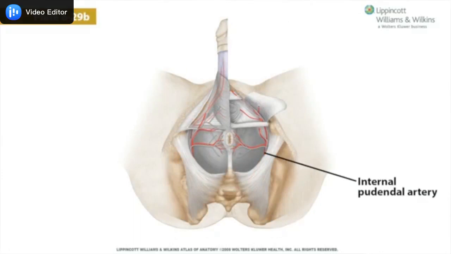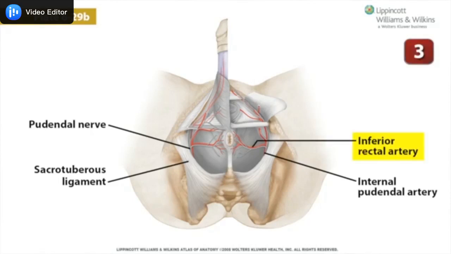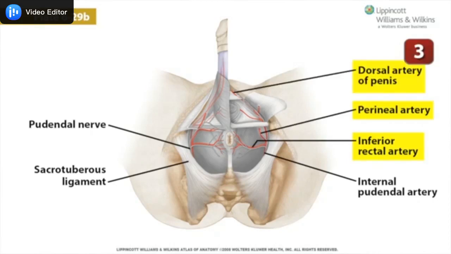It then follows the same course as the pudendal nerve, passing between the sacrotuberous and sacrospinous ligaments and entering the pudendal canal via the lesser sciatic foramen. It has the same distribution as the nerve, dividing into 3 main branches: the inferior rectal artery, the perineal artery, and the dorsal artery of the penis or clitoris.